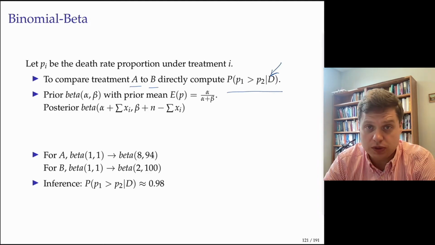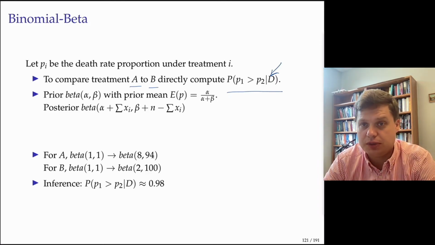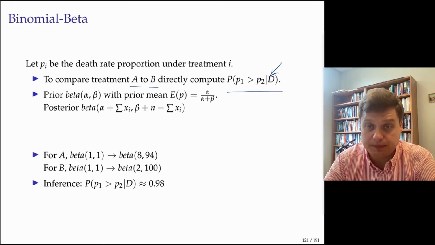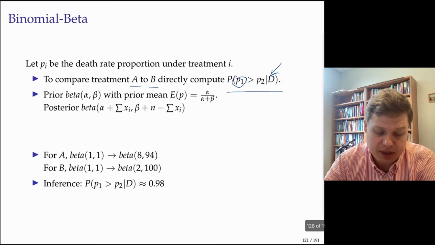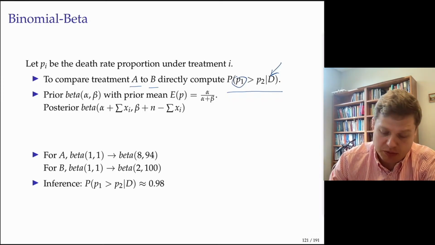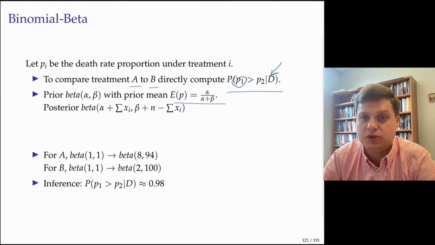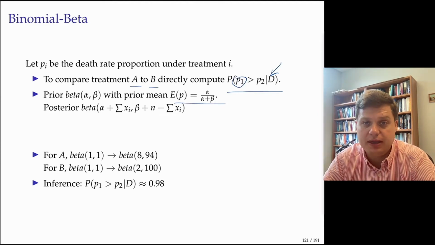And we're going to use the beta prior here and assume that the data follows a binomial distribution, so we're going to be doing inference about those parameters P_i. And you remember that the expected value of the beta distribution is alpha divided by alpha plus beta.